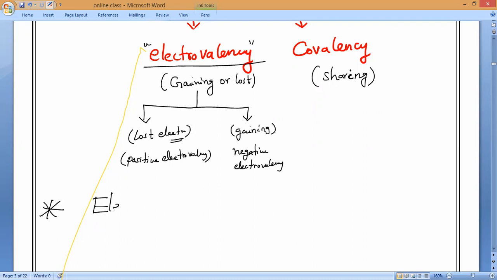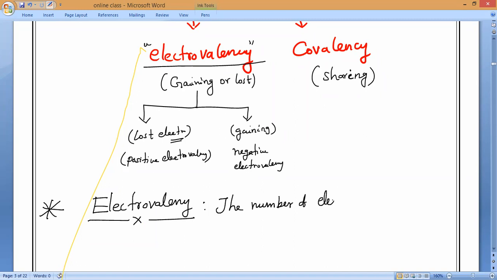So what do you mean by electrovalency? Either gaining or losing the electrons. The number of electrons gained or lost by an element in order to obtain, what is the purpose?